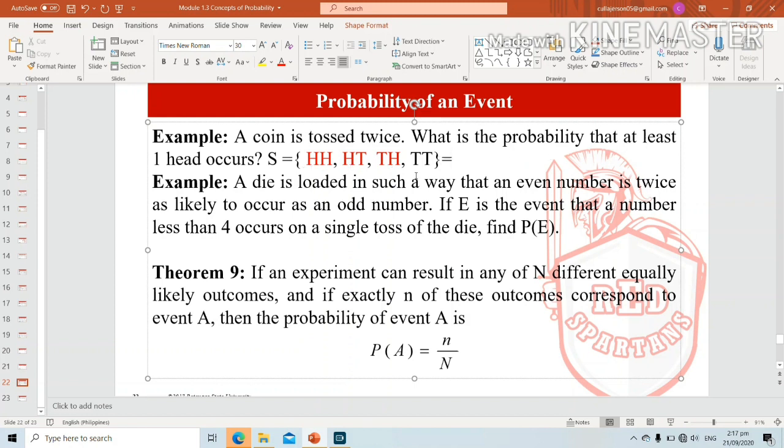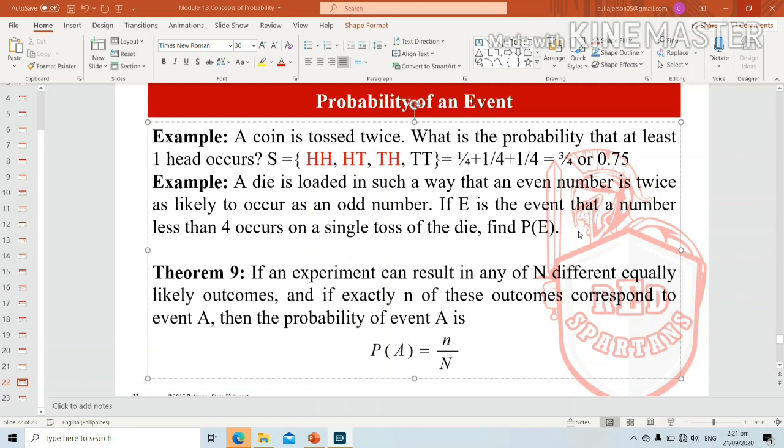So, para makuha natin yung at least one head, 1/4 para dun sa HH plus 1/4 para sa HT plus 1/4 para sa TH. So, equal to 3 over 4 or 0.75. So, yan yung ating answer.